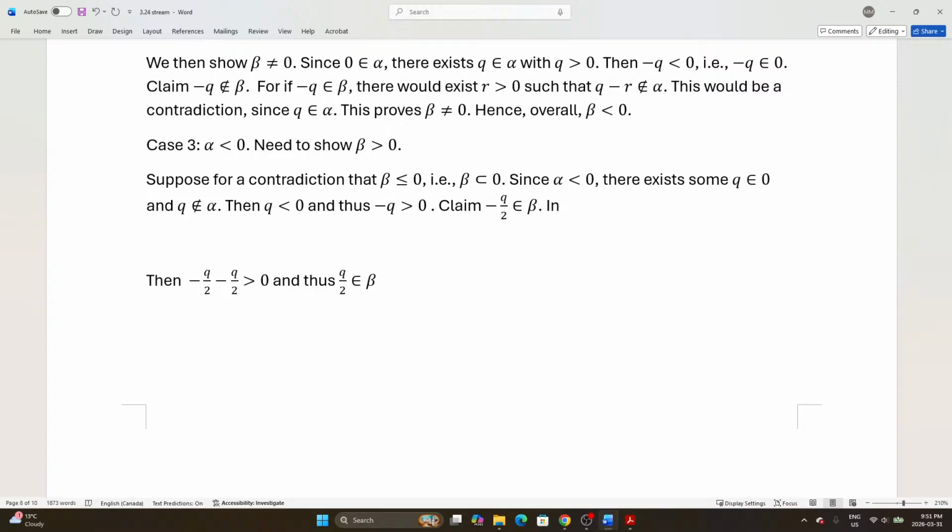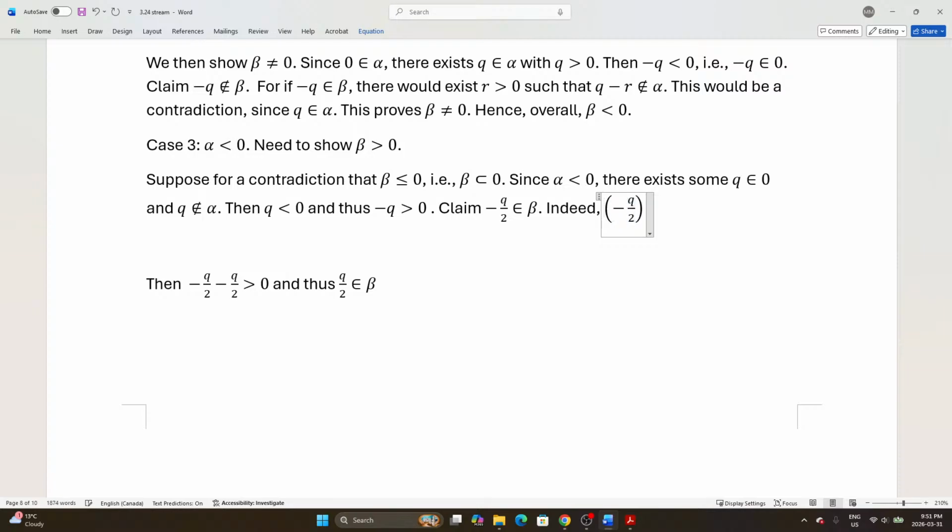Indeed, the negative of minus half Q, let's write that more explicitly. So the negative of half Q, subtracting the negative of half Q, which is positive, this is exactly Q, which is not in alpha.